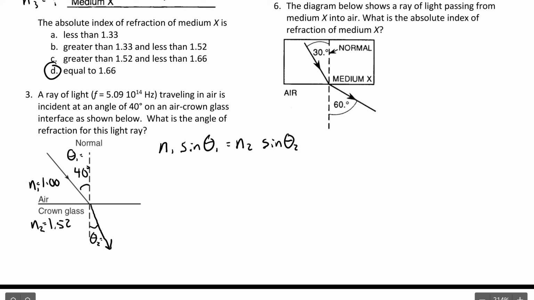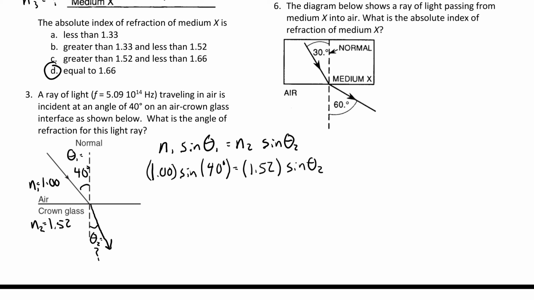This is the unknown, equals question mark. And then we find the equation and substitute. So this is 1 sine theta 1, they tell us, is 40 degrees. Now make sure you're in degree mode in your calculator. N2 is 1.52. And we're looking for sine theta 2.